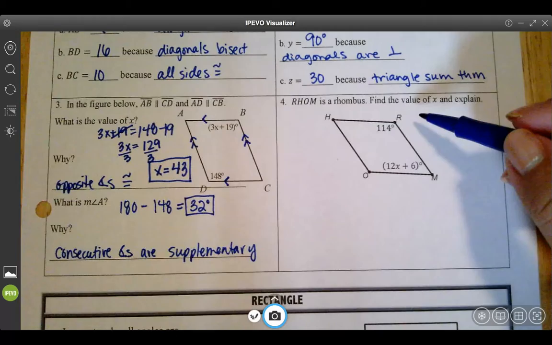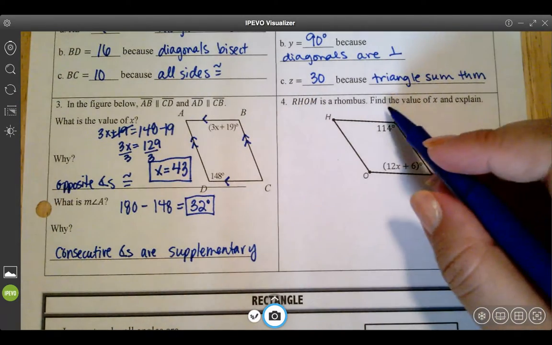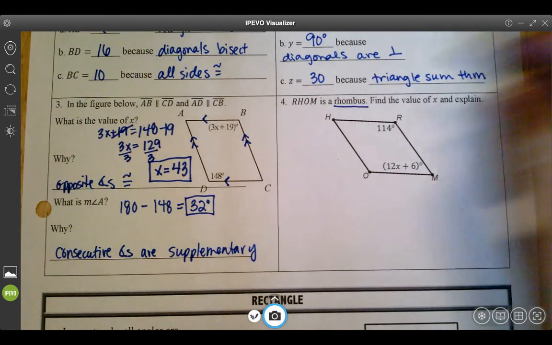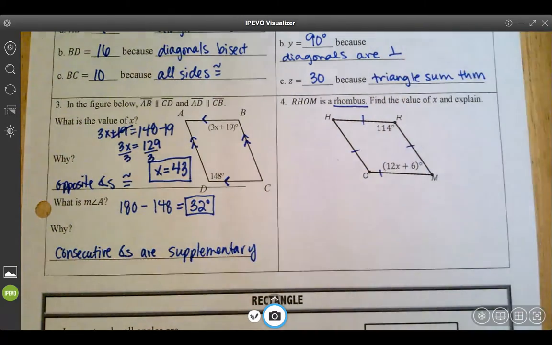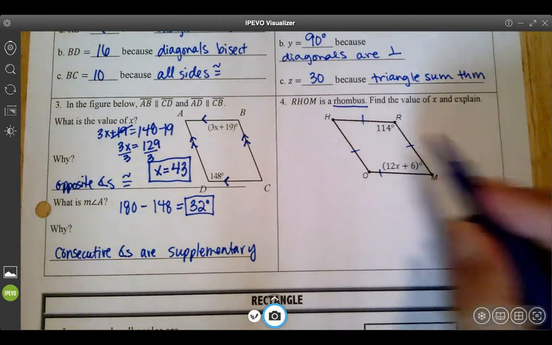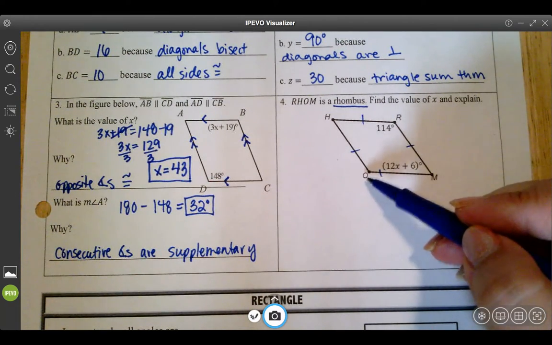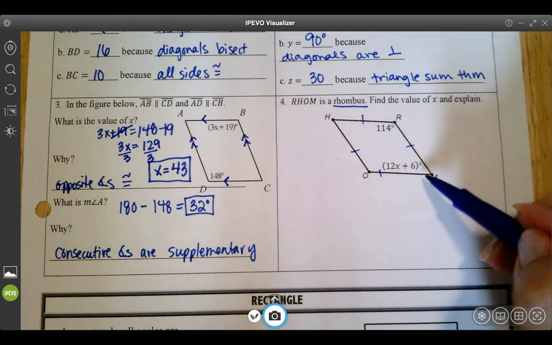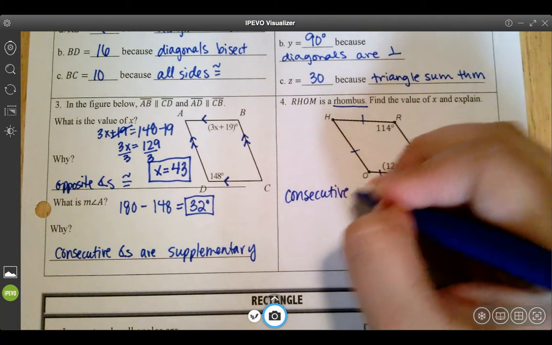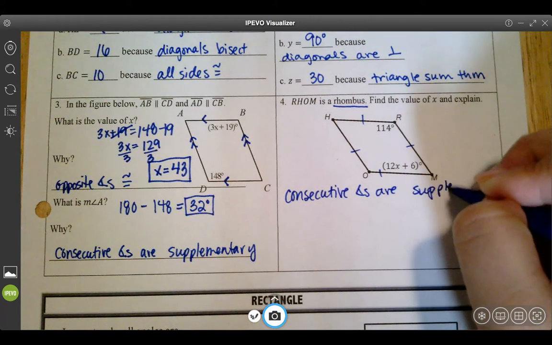And our last example for this section, RHOM is a rhombus. Find the value of x and explain. Well, we know this is a rhombus, which means that all sides are congruent and opposite sides are parallel. And so we're looking at these two angles. Are they opposite angles? No, they are consecutive angles. And we can say consecutive angles are supplementary.